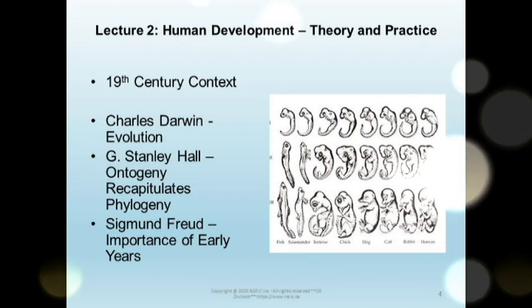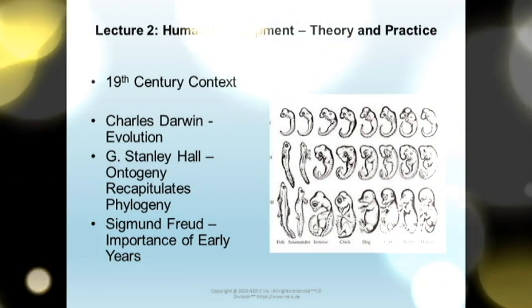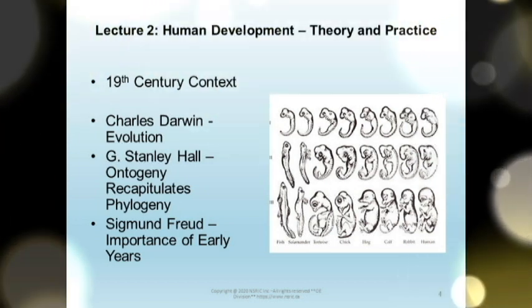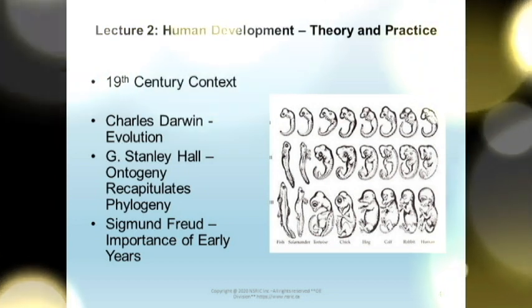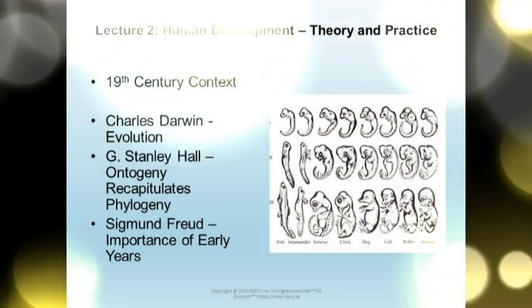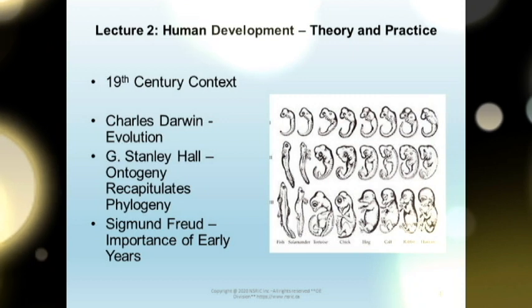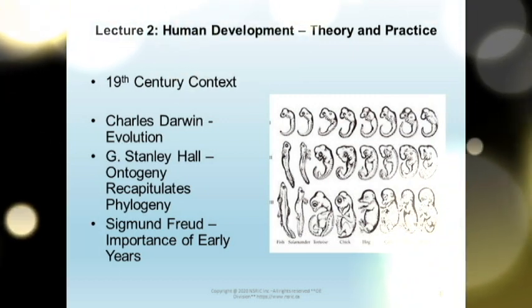And Haeckel, a contemporary of Charles Darwin, suggested that the development of an individual organism, that is, the ontogeny, mirrors or recapitulates the evolutionary history of the species, their phylogeny.